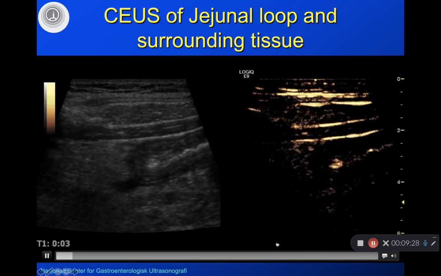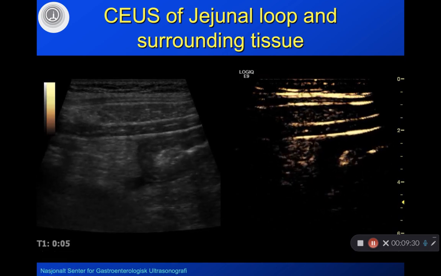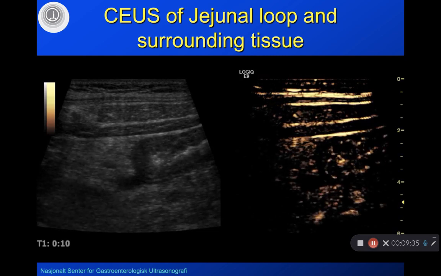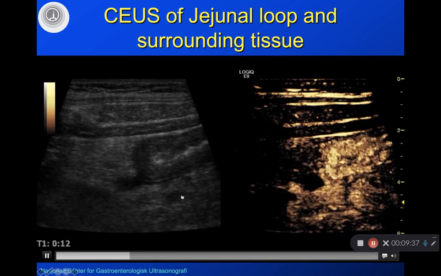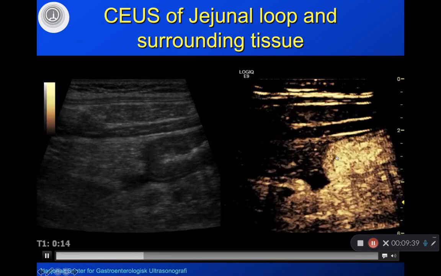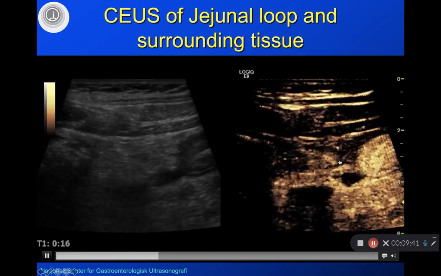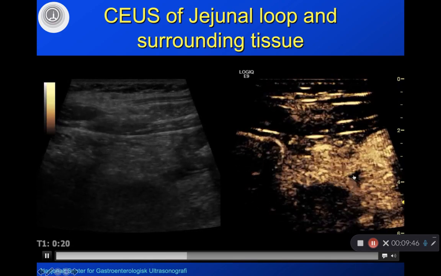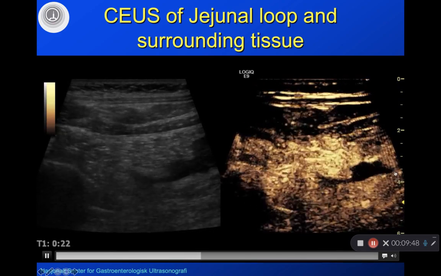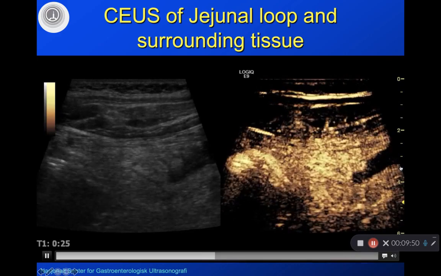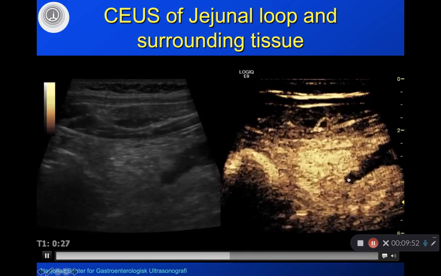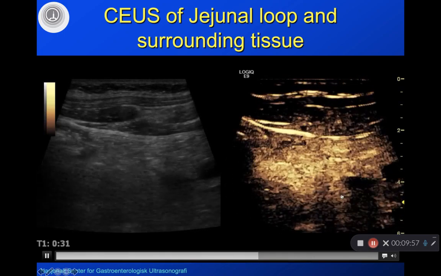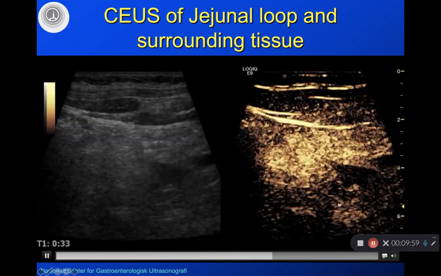Using contrast-enhanced ultrasound on the bowels, you may also give valuable advice on how to treat the patient. This was a patient with an inflamed portion here of the jejunal loop, but this area caught our interest. There seems to be a kind of dead space here with a fistula arising in the GI wall, and we could follow this fistula route further down into the tissue, and further down we encountered an abscess cavity.